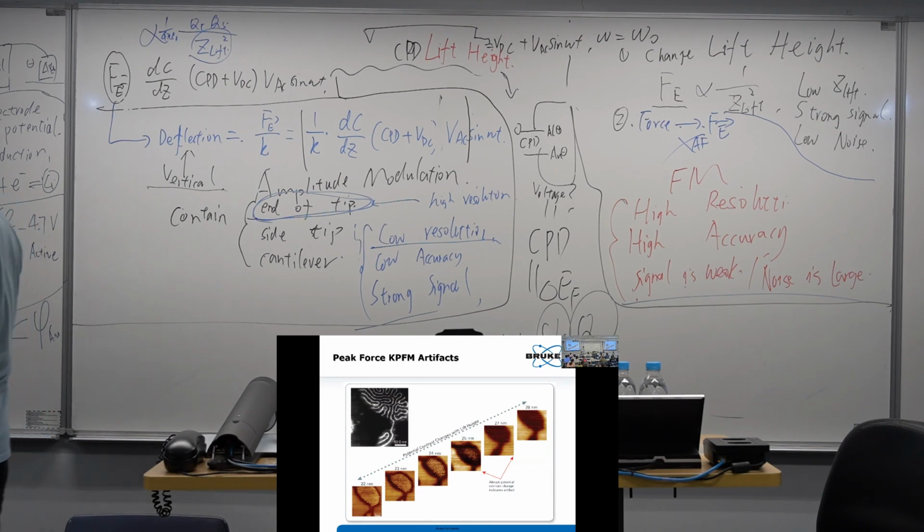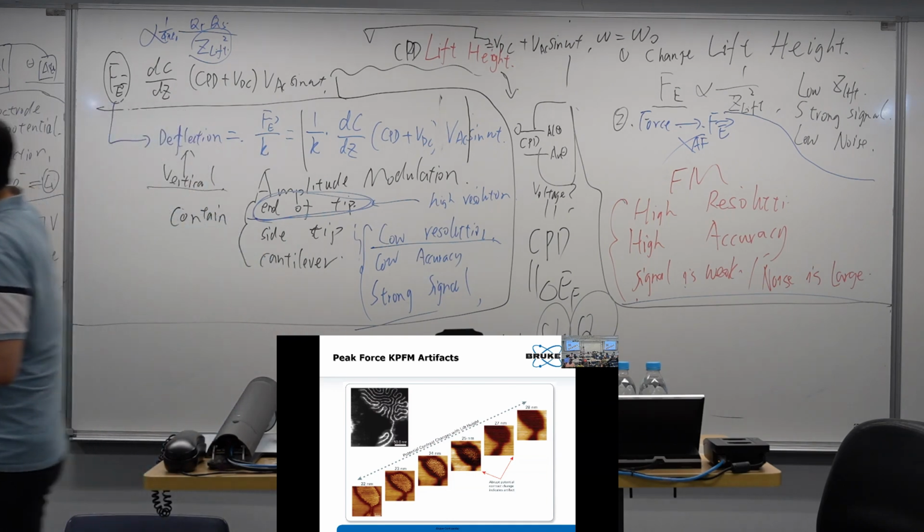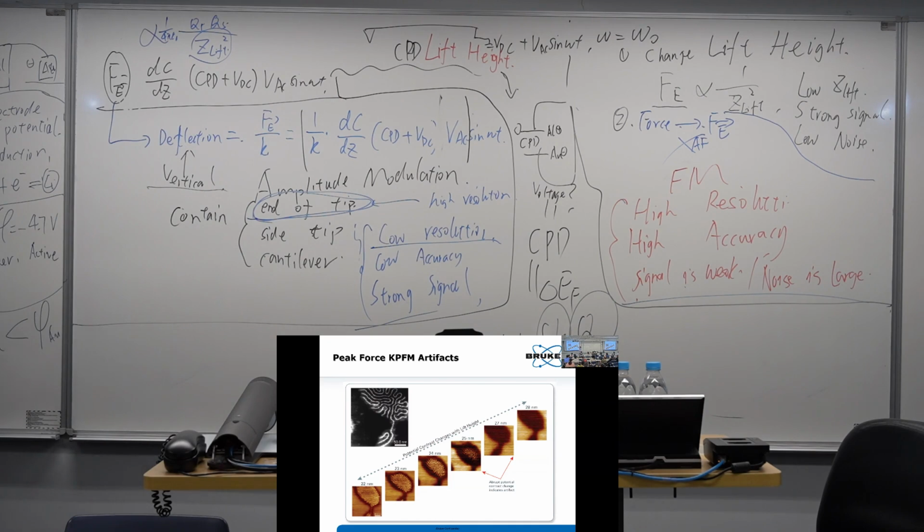So Bruker did this experiment by reducing the lift height from larger values to 28, 27, 25, 24, 23, 22. And you can tell at 28 and 27, we almost get the same results. The polymer part is completely black.